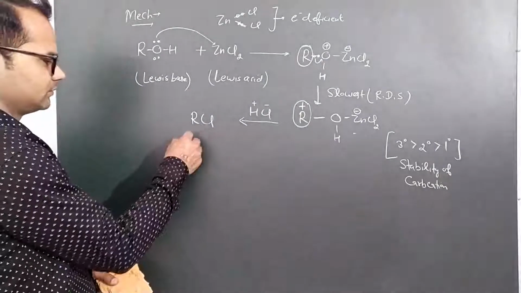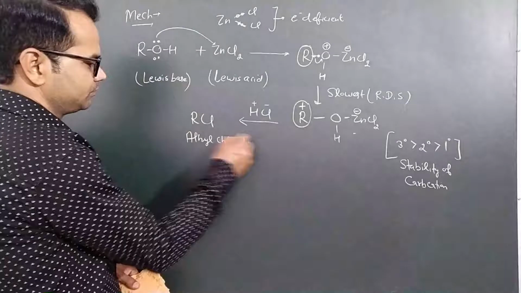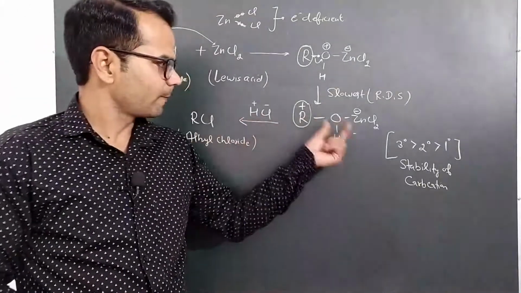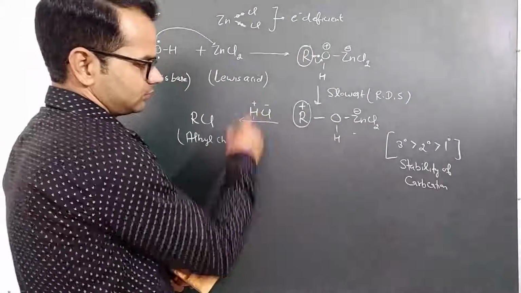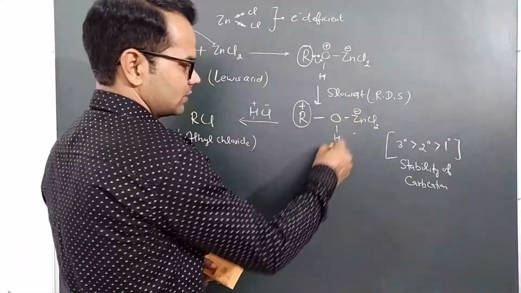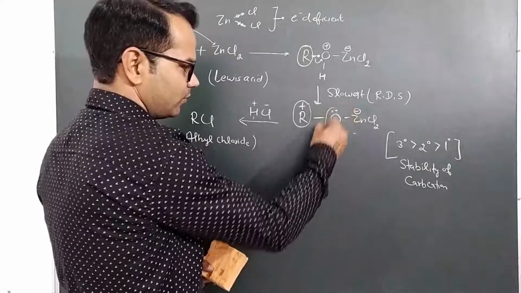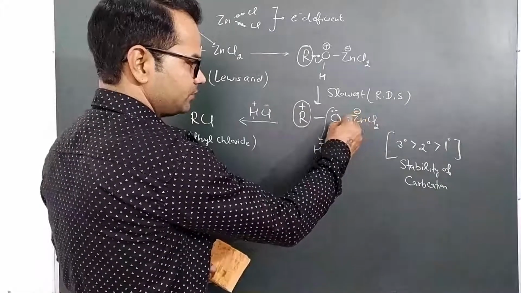This is alkyl chloride. But what happened to this structure? This hydrogen, oxygen has still one lone pair. So oxygen will make a bond with this hydrogen and it will withdraw electrons from this bond.